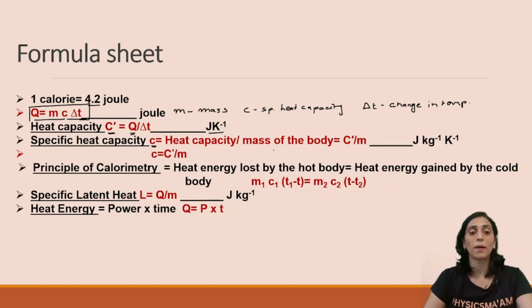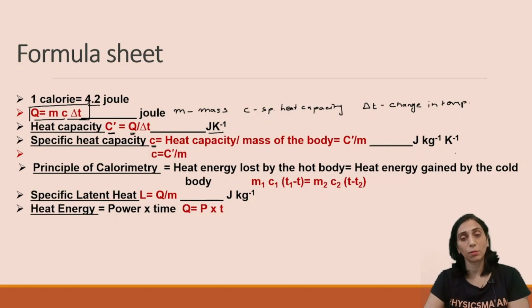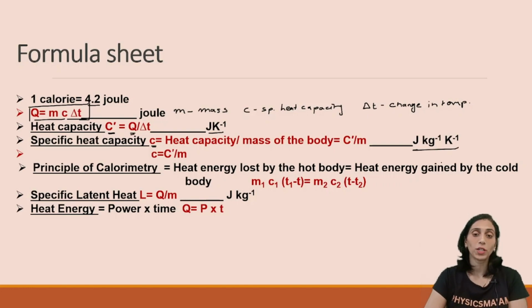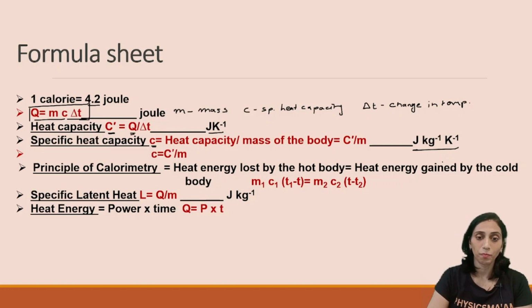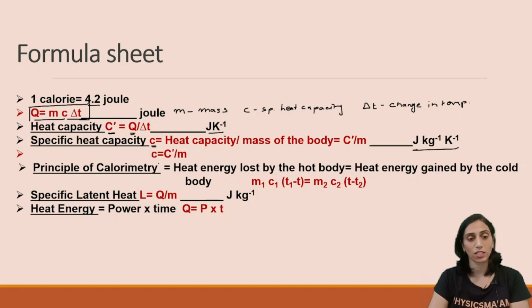So it is heat capacity C dash divided by M, mass. Now it is also dependent on temperature rise, like when we say heat capacity per Kelvin, so your unit for that is going to be joule per kilogram per Kelvin, right? So c is also equal to C dash by M, heat capacity by mass. You can even have this formula, same formula has been given here, right?